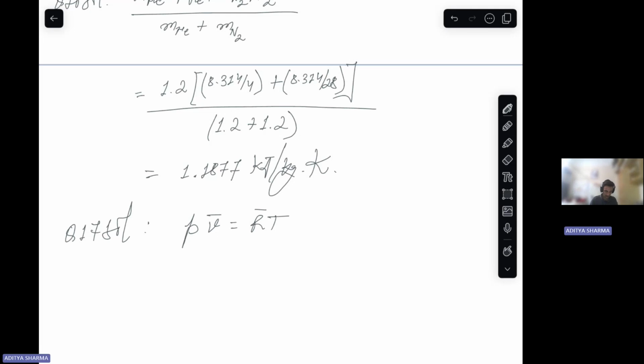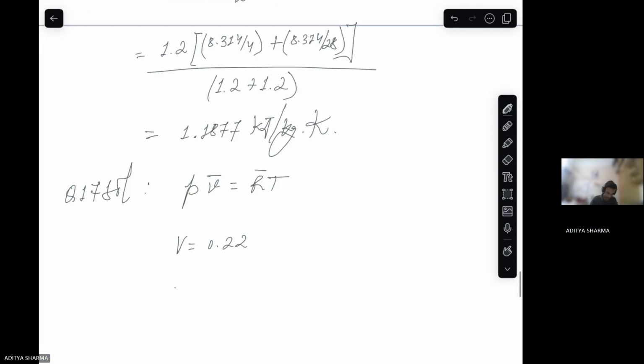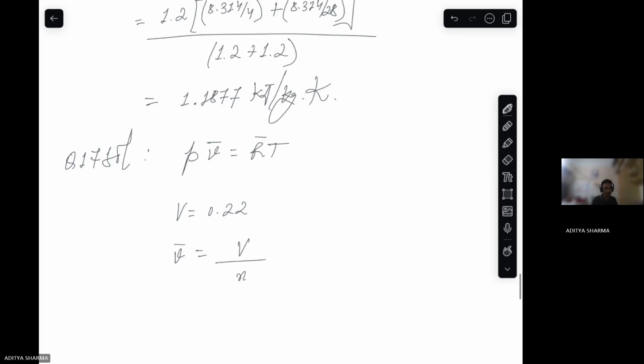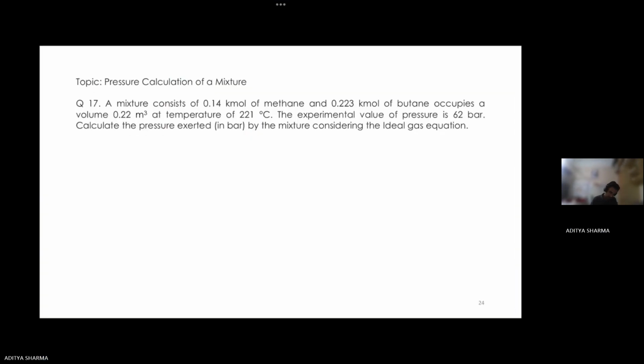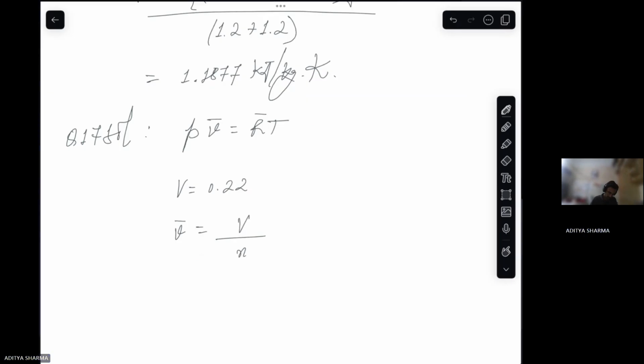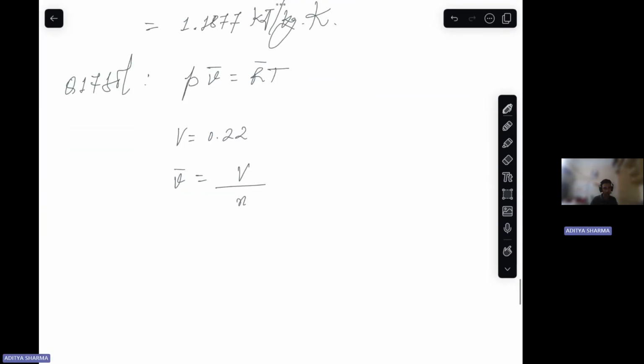Now, but we have volume and we don't have V bar. So for methane and butane, two gases we have. One is 0.14 and the other is 0.223.